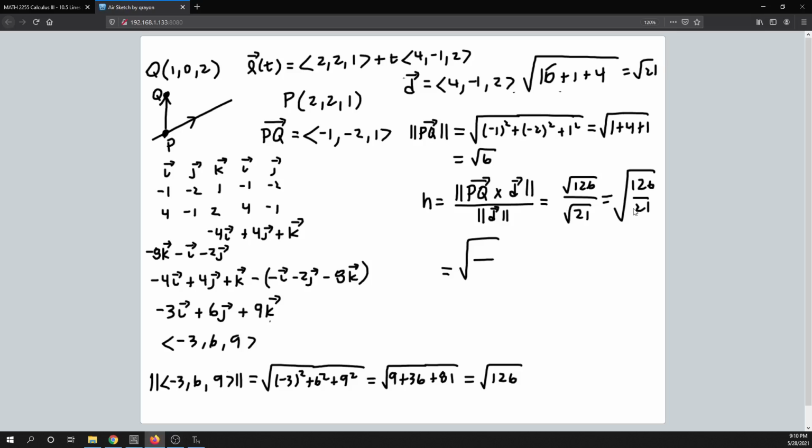Three goes into 21 7 times. 3 will go into 126, right, 42 times. And then actually 42 sevenths is 6, right? So the final answer here is the square root of 6 on this one.